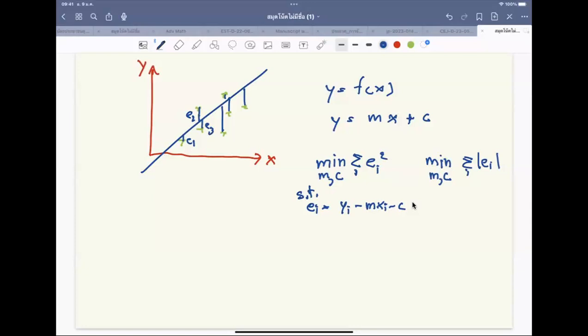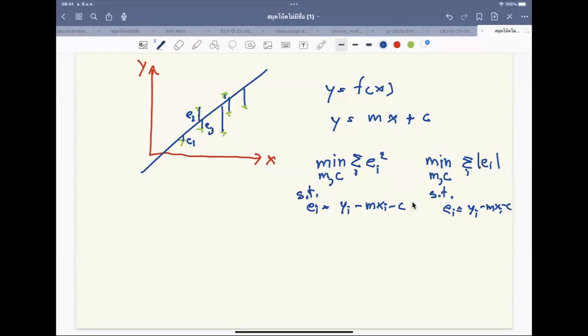You can write this way. Also, this is important, right? For both representation. Ei is deviation from prediction, the discrepancy between prediction and result in experimental data, right?